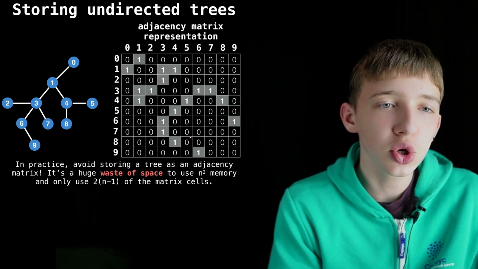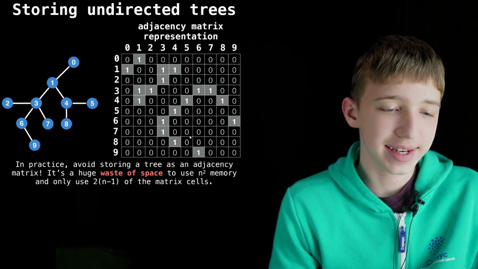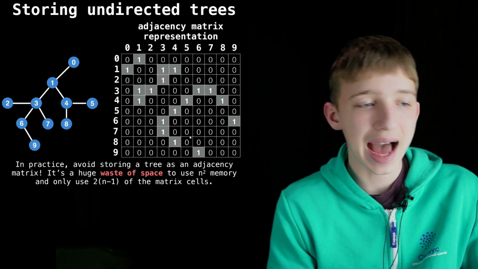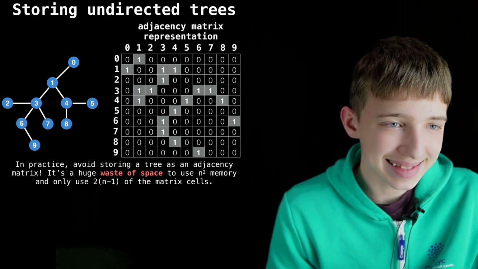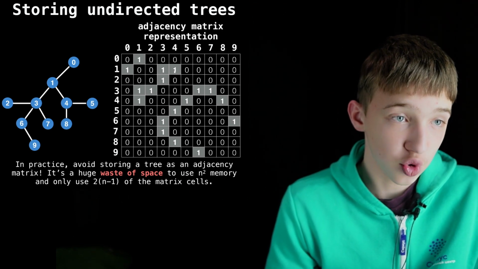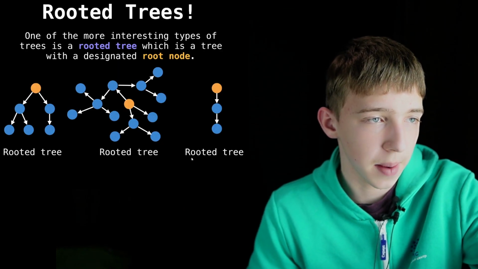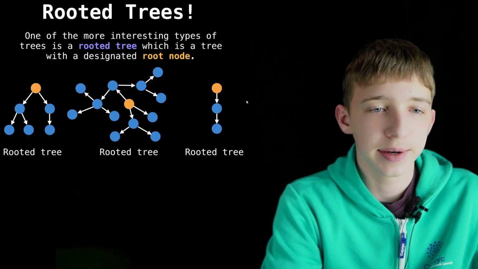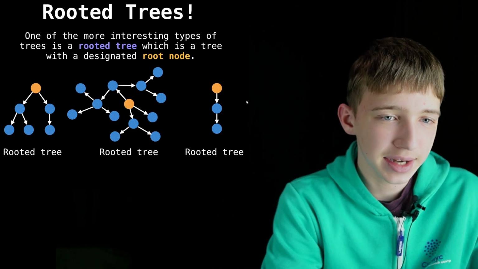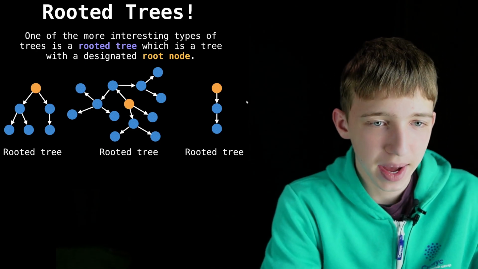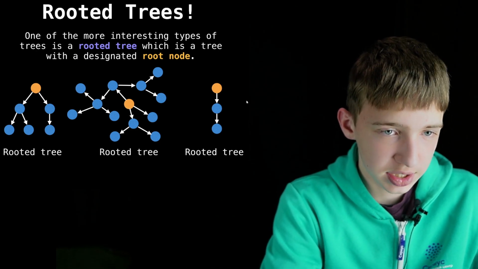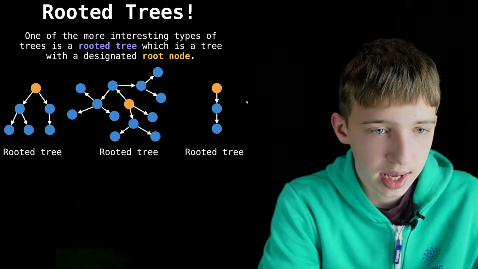And now let's look at some specialized types of these trees. The first thing we want to talk about is, by the way, I can't keep talking about trees without mentioning this type of trees, that is rooted trees.